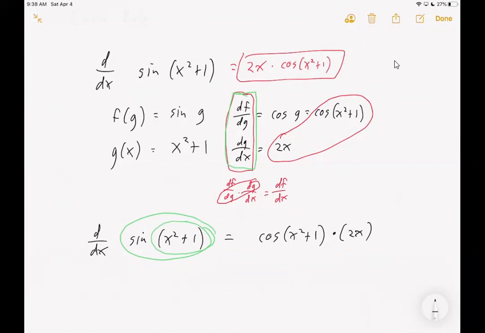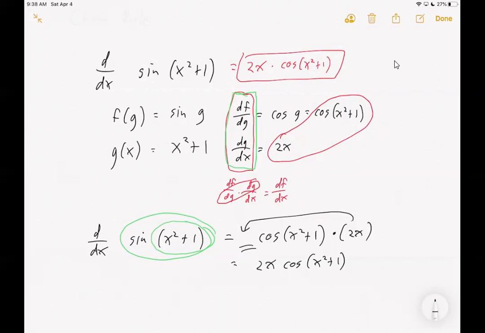Now that's not the best way to write it. We always want to move the 2x to the front, so I would rewrite this as 2x cosine of x squared plus 1. If I'm doing outside in, I often just leave a little space in front so that I can do the inside step second, but place it in front of the outside step to save the translation step.